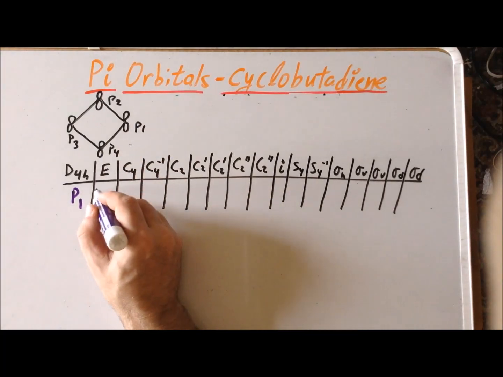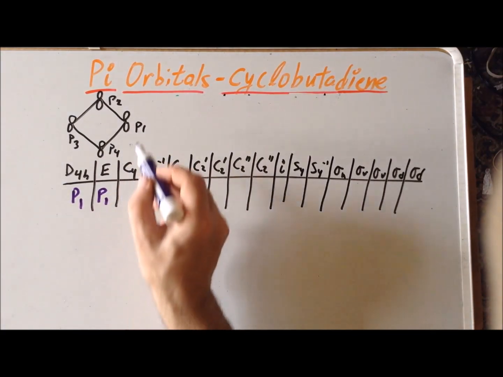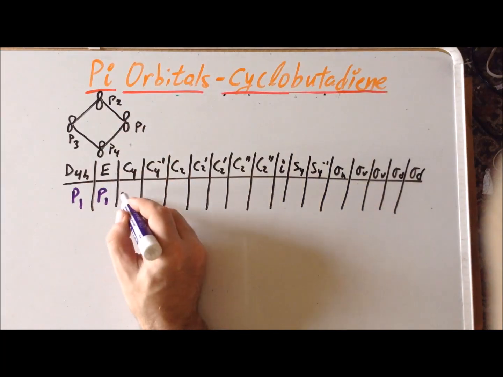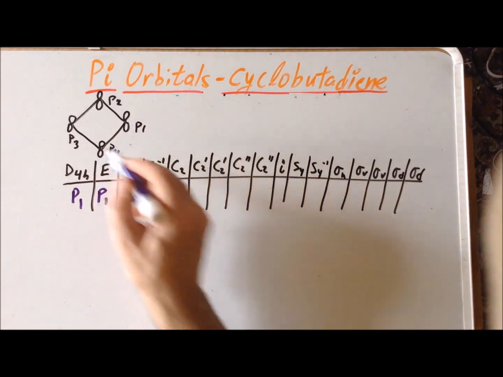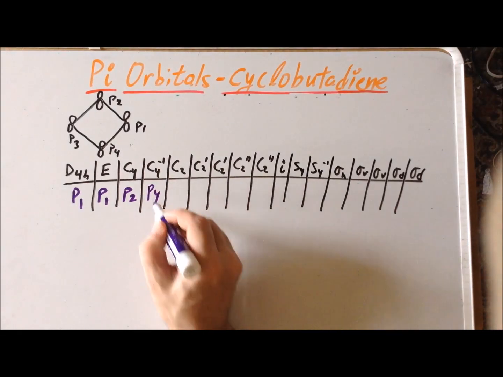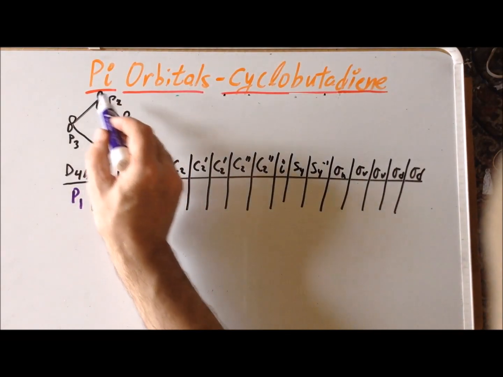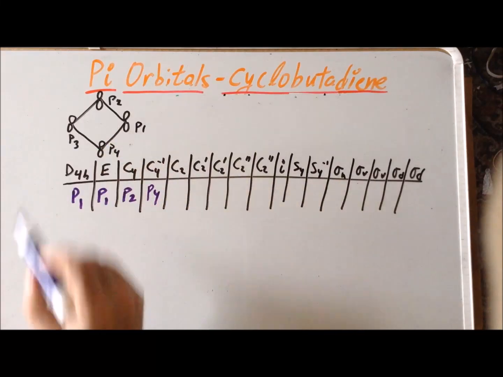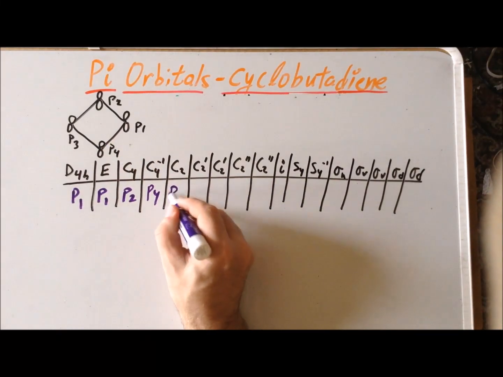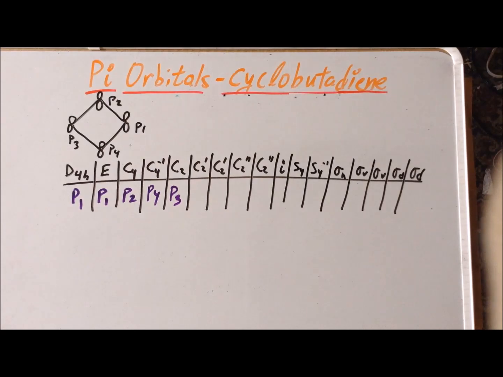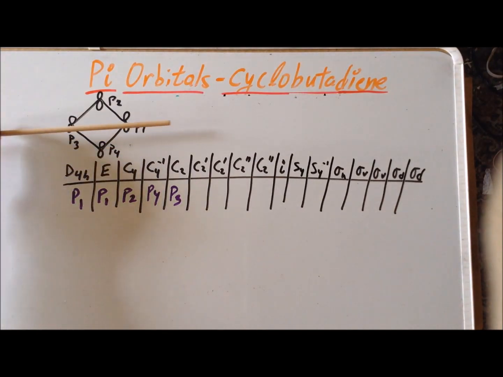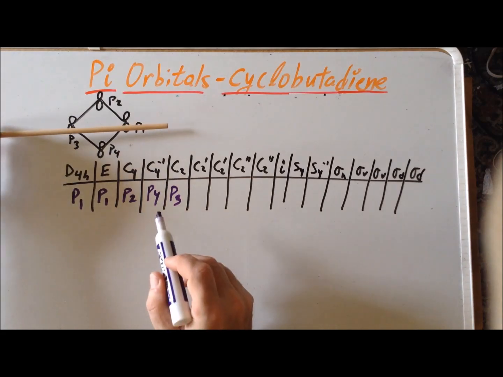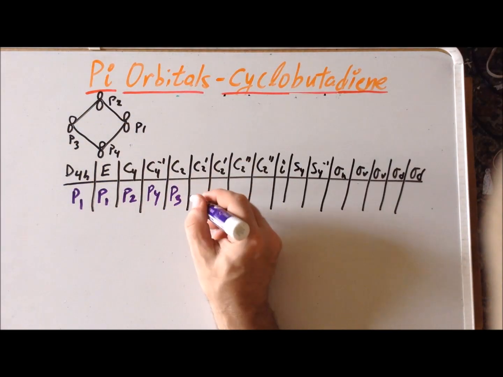Under E, it stays exactly the same. C4 rotates P1 to P2. C4 to the -1 takes P1 to P4. C2 takes P1 to P3, since this is coaxial with the C4s. The C2 prime axis is along here, so that takes P1 and flips it over to -P1.